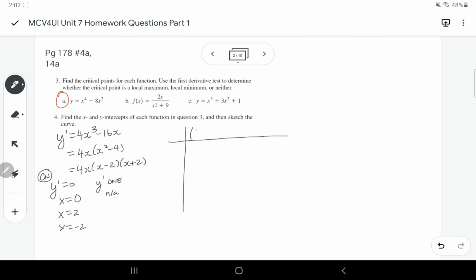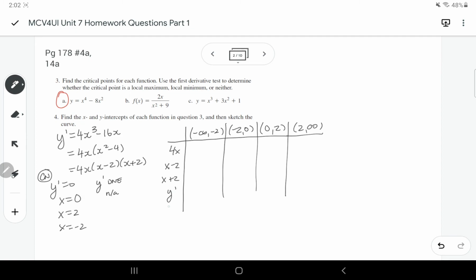I'm going to look at the intervals negative infinity to negative 2, negative 2 to 0, 0 to 2, and 2 to infinity. And I've got a 4x and an x minus 2, x plus 2.